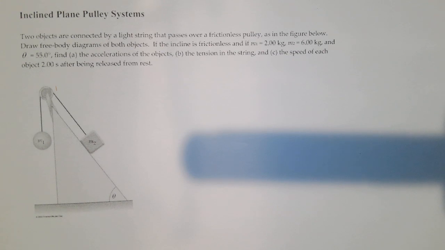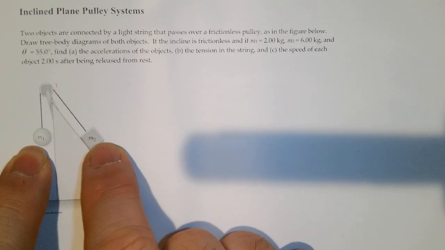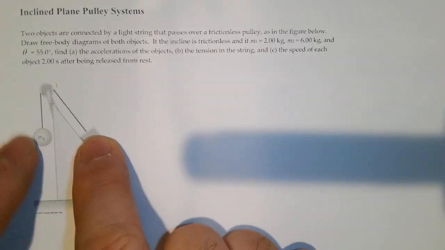The incline is frictionless, M1 is equal to 2 kilograms, M2 is equal to 6 kilograms, and the angle theta is 55 degrees. Find A, the acceleration of the objects. The acceleration value is going to be the same for both because they're tied together by a string.